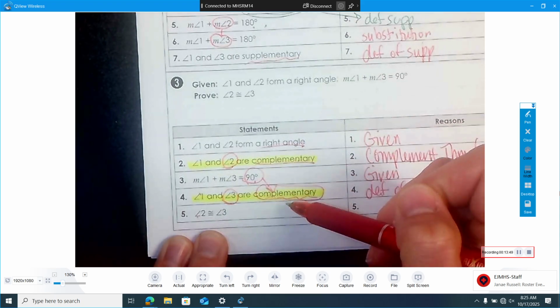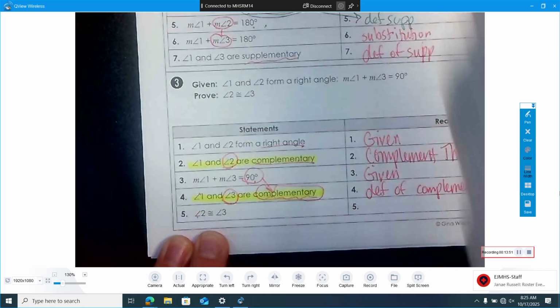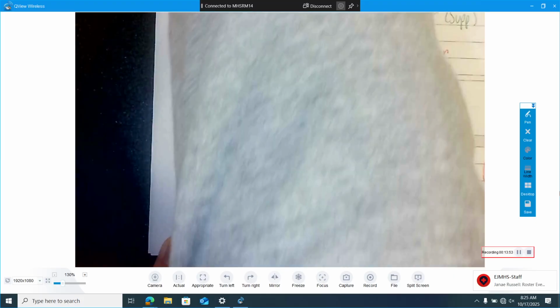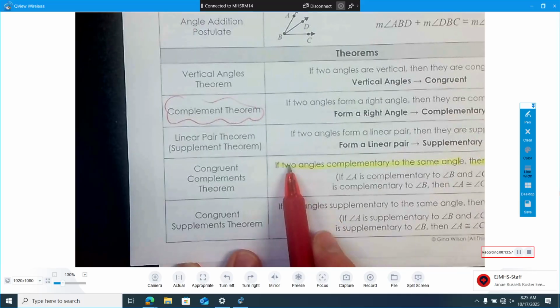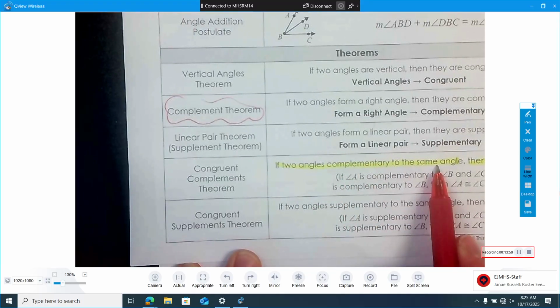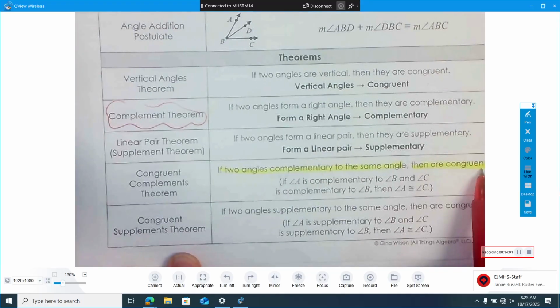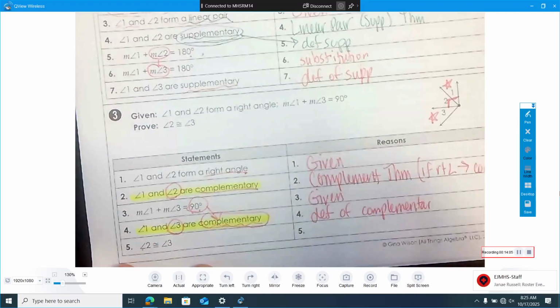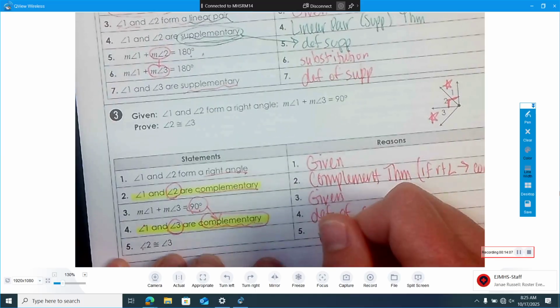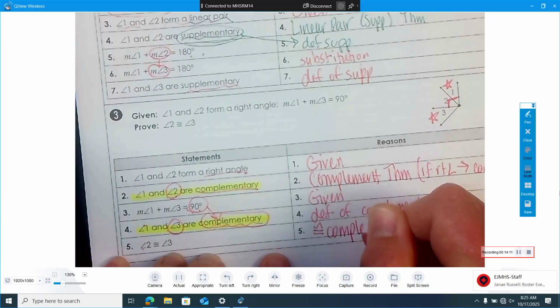So these two statements are very important, and these are the two statements that this congruent complements theorem talks about. If two angles are complementary to the same angle, then they are congruent. All right? And so this reason is the congruent complements theorem.